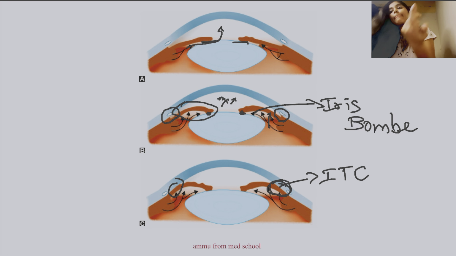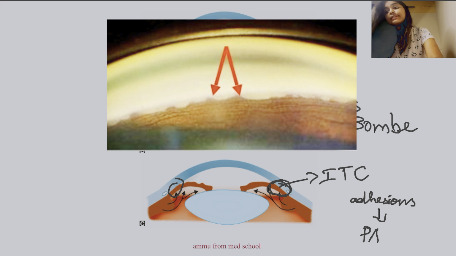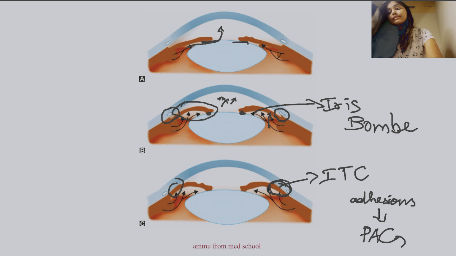You know, when two things are in contact for a very long time, they start forming adhesions. Fibrosis, adhesions happen. And when adhesion happens, we call it a synechia. And because it is in the peripheral part, we call it peripheral anterior synechia. It's in the peripheral part, so peripheral. It's in the anterior chamber, so anterior. It's forming adhesions, which means permanent.